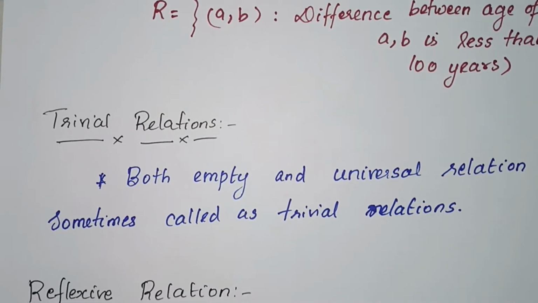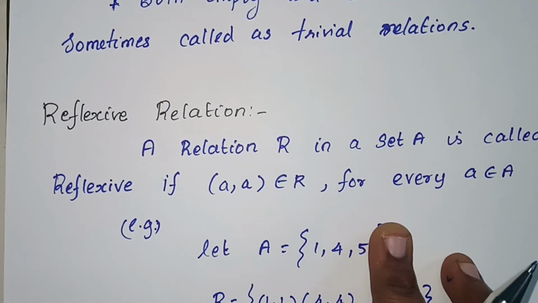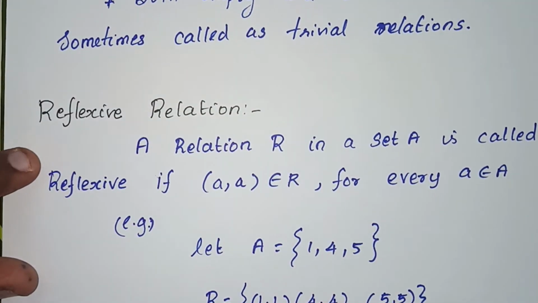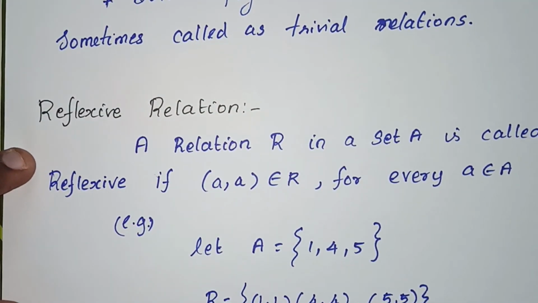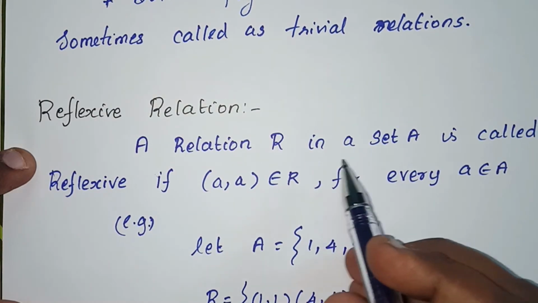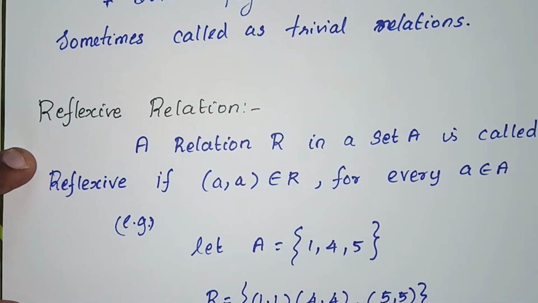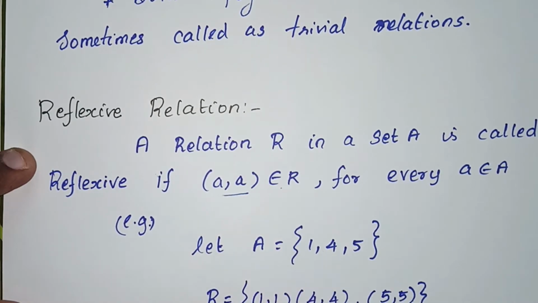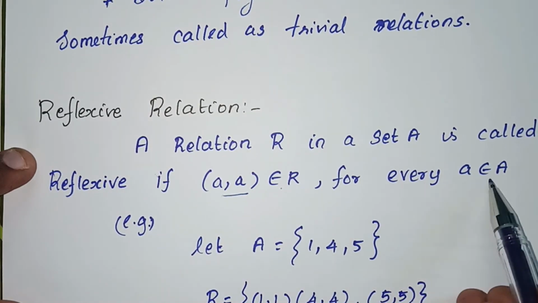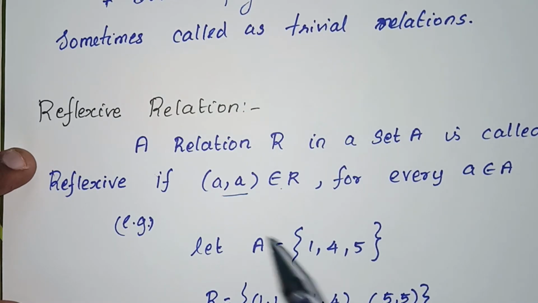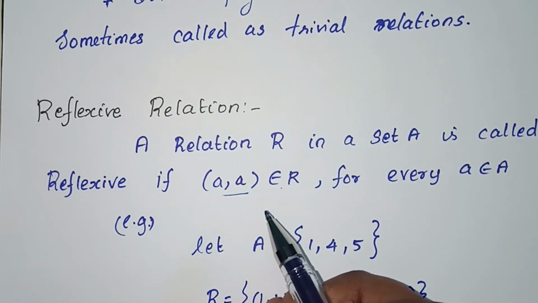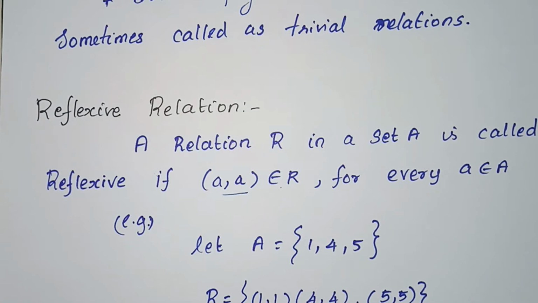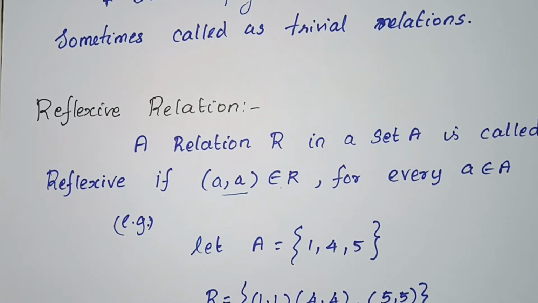Next relation is reflexive relation. What do we mean by a reflexive relation? A relation in a set A is called reflexive relation if (A, A) belongs to the relation for every A belongs to A. What is meant by (A, A)? It means each element in the set maps to itself.